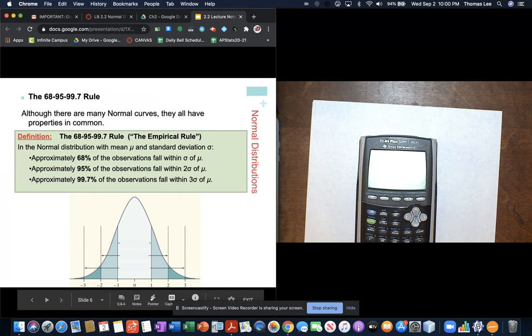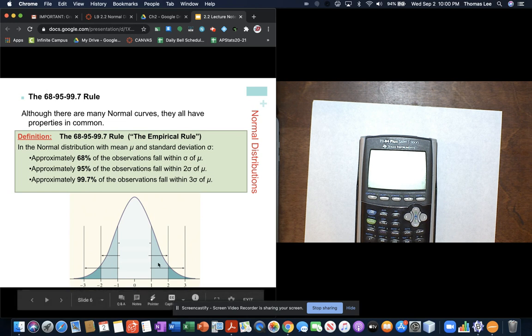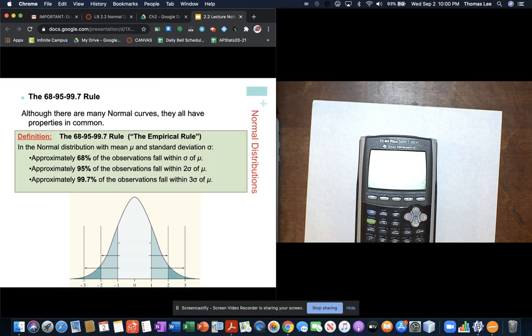And so one way to interpret this 68% is that from -1 to 1 standard deviation, if I were to randomly select one point anywhere inside this curve, the probability would be 0.68 that that point would come within this interval from -1 standard deviation to 1 standard deviation.